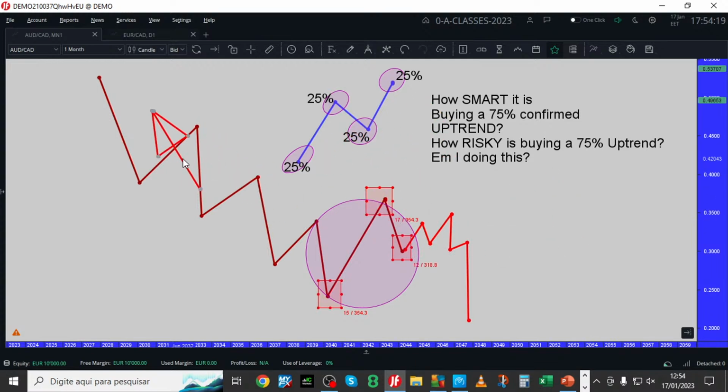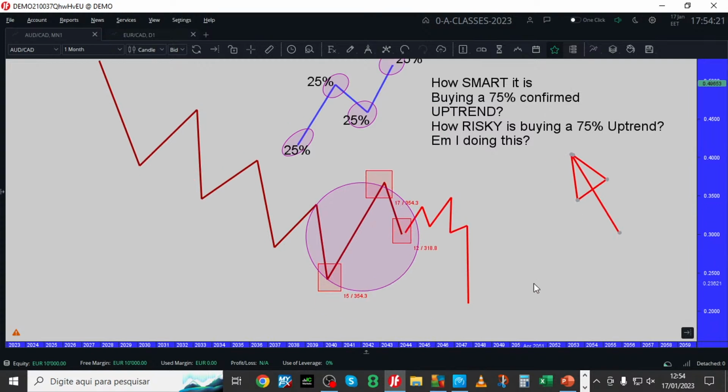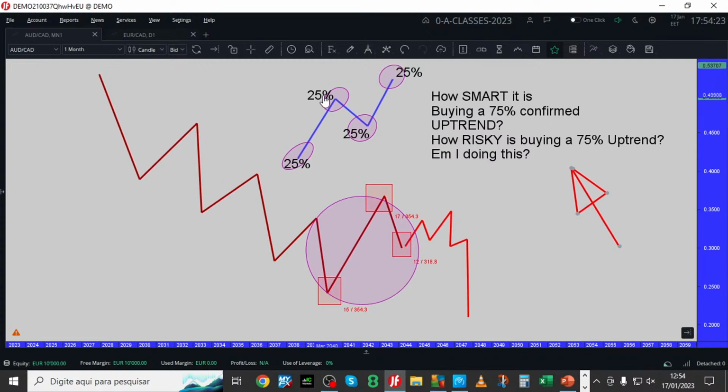Am I going short on a downtrend when it's not confirmed? Am I entering the market on a breakout when it's not confirmed? Am I buying Fibonacci levels, candlestick formations, support, resistance levels, whatever, when they are not confirmed yet? Am I doing this, everybody? Ask yourself, am I doing this?